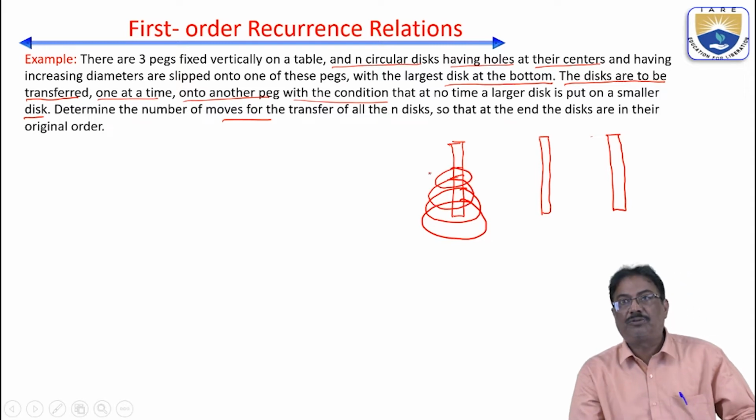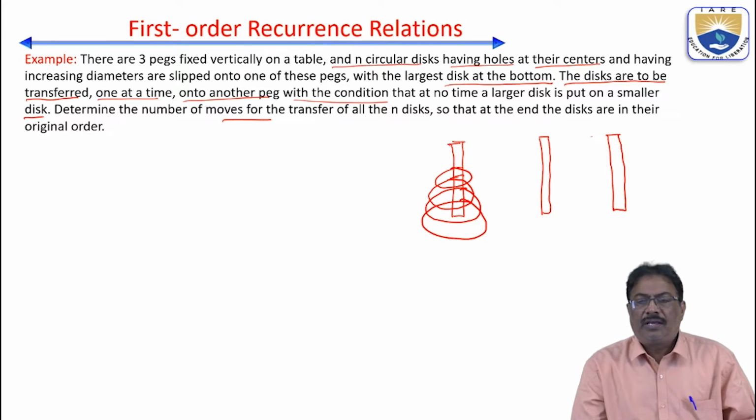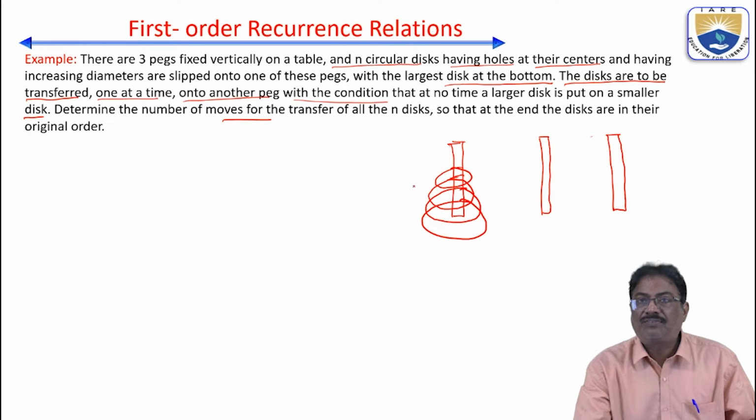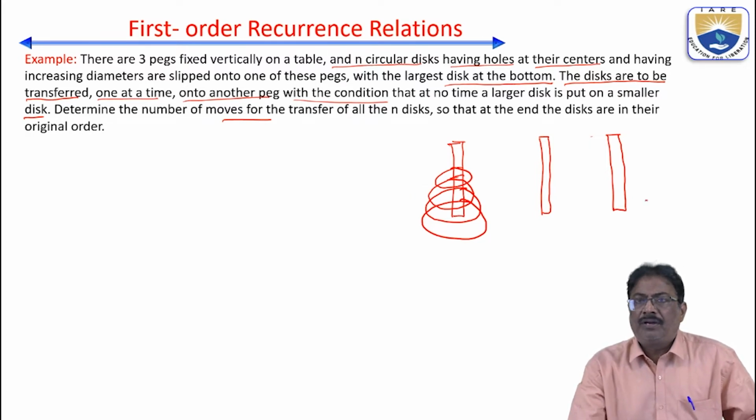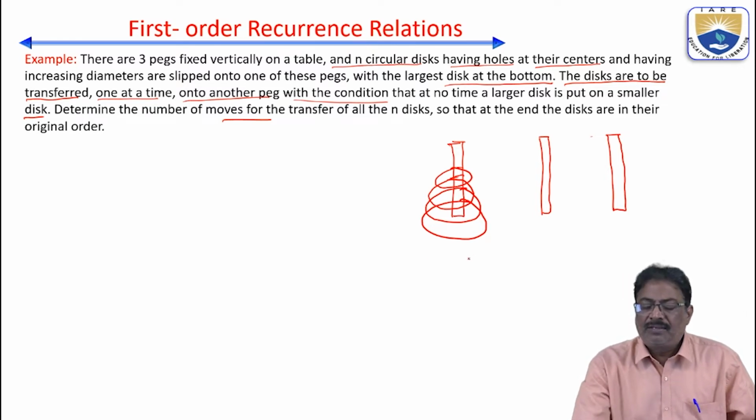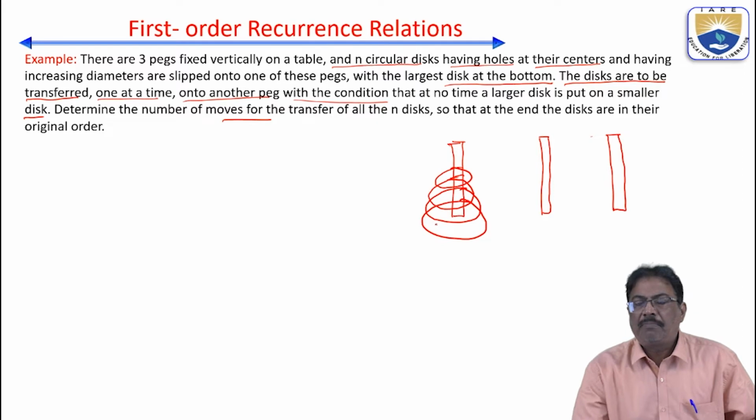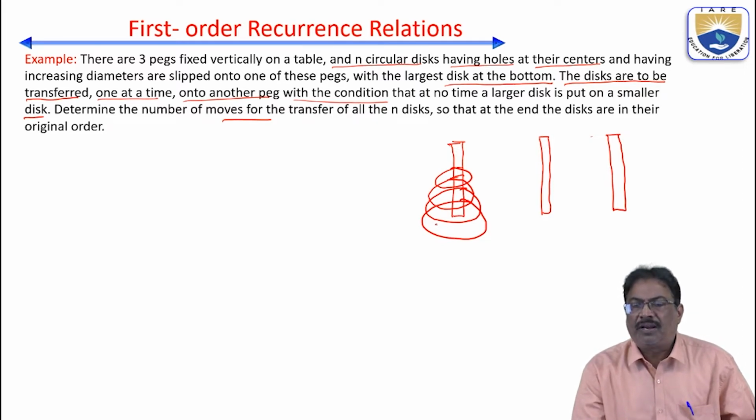Like this it is going to be arranged. So there are n discs. Now we have to transfer these circular discs to one of the pegs, so that the discs are arranged in the same manner.